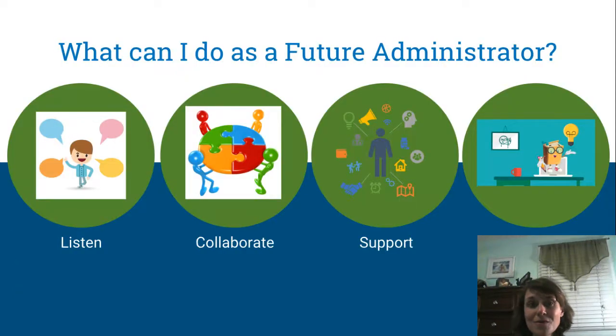So what can I do as a future administrator? Well, there's a couple of things I can do. I think, first of all, I can listen to my staff and really actively try to collaborate with my teaching staff and with my faculty. I want to support them and really hear what they need to be more effective in the classroom, hear about what kind of resources they need to effectively develop their practice and really support their professional development.